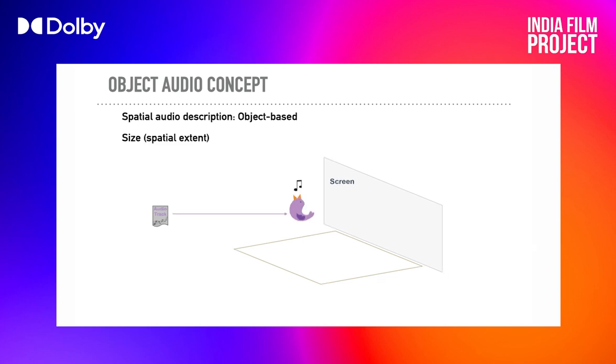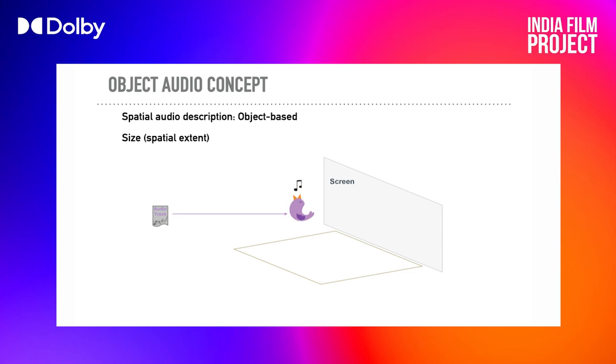Next slide. And the beauty of using object-based audio is you can make that sound appear like a point source, or you can make it bigger. There are various uses of this, which maybe Baylon can explain when he talks about how he uses this format in his sound design and in his mixes.